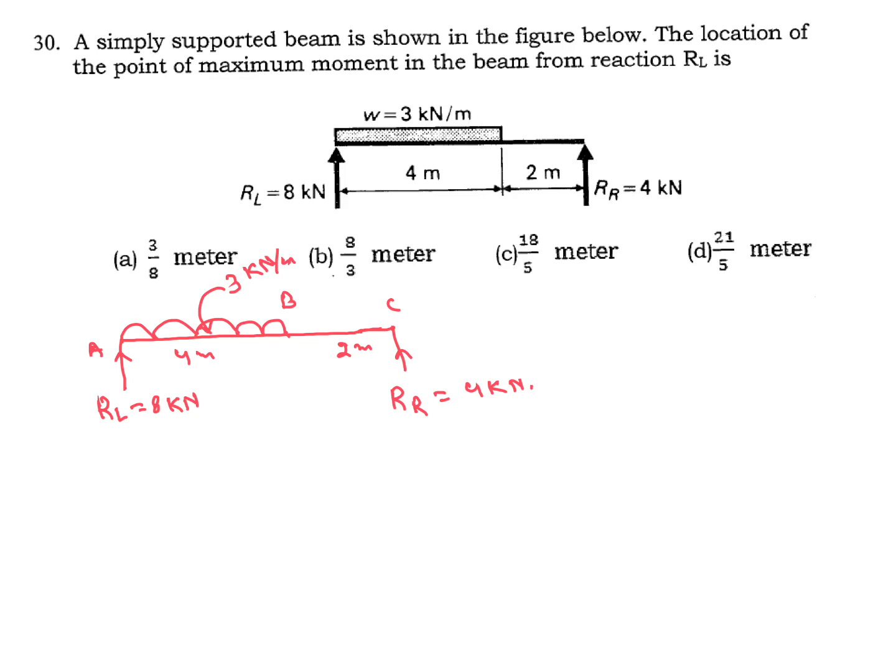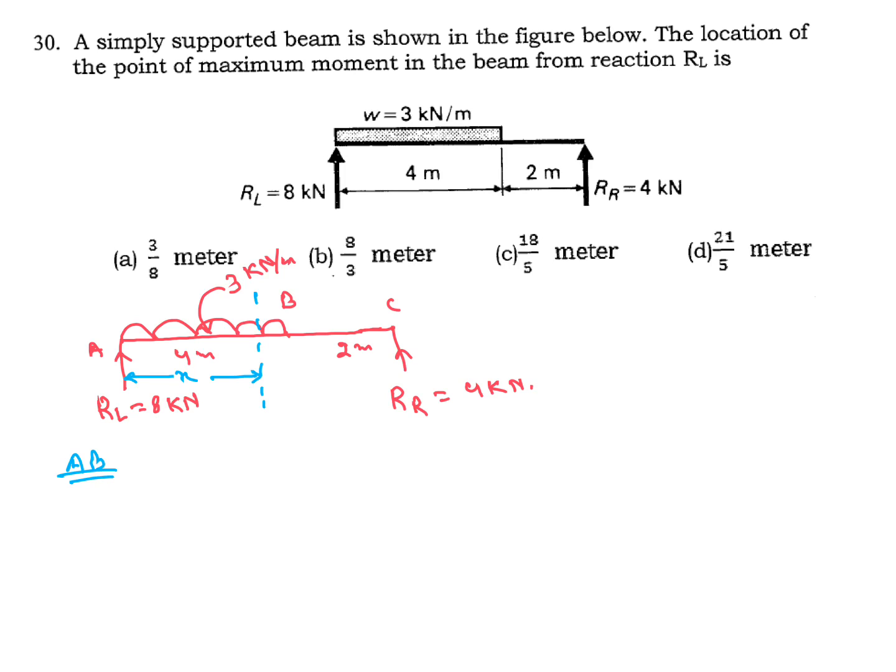For shear force equal to 0, take a distance x from left hand. You calculate AB.